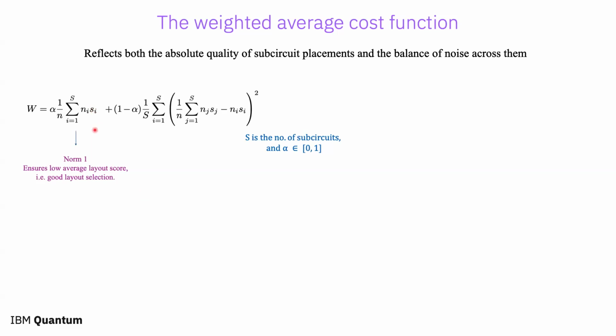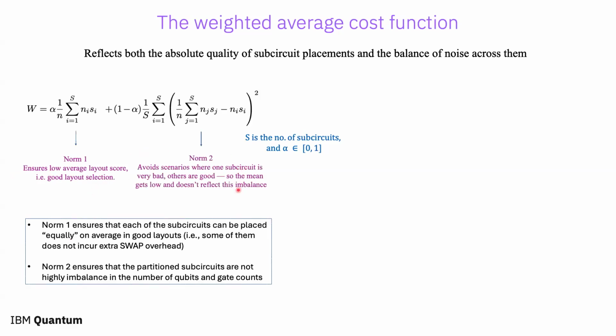The primary thing that this layout score is capturing is the complexity of the circuit. So the fact that we are trying to minimize this makes sure that you don't end up having a cut strategy that requires too many swap gates for placement, at least too many more swap gates than the original circuit. So this ensures a good layout selection and low swap strategies.